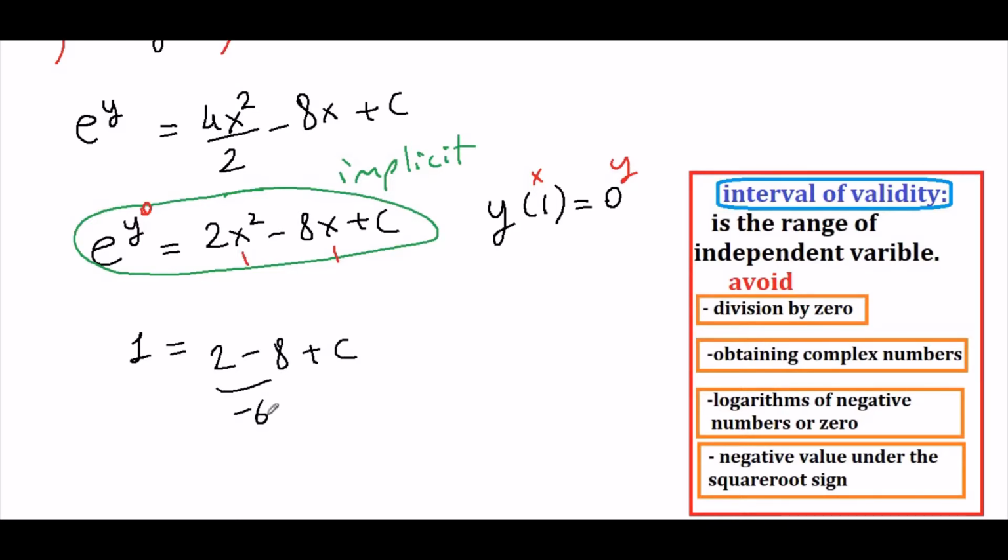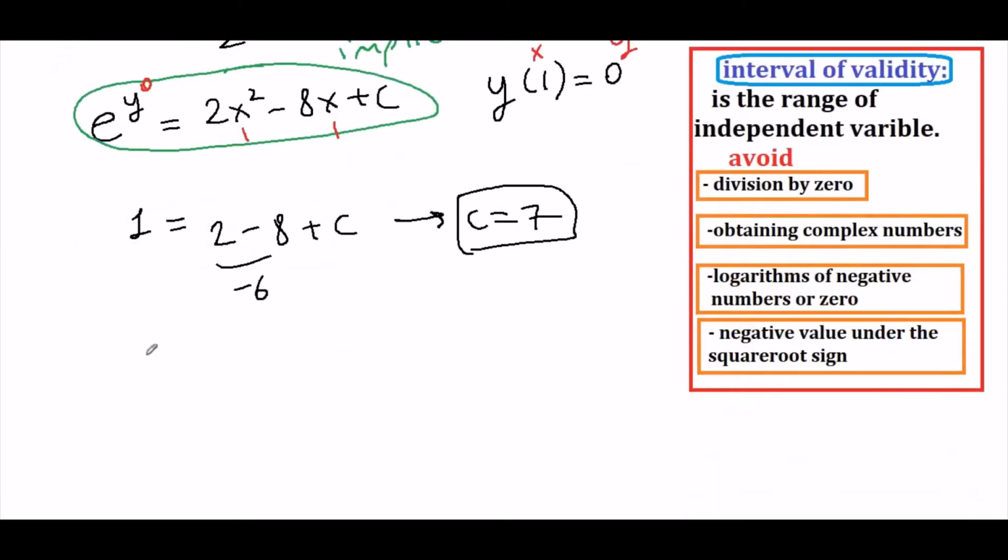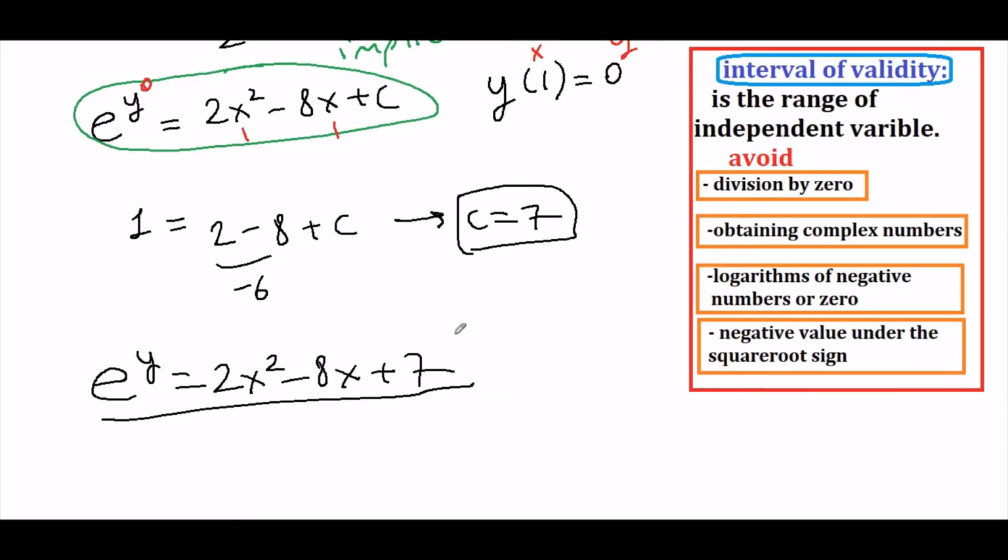This is negative 6. Then the c value will be 7. Now we can rewrite e to the y equals 2x squared minus 8x plus 7. Now we're going to work on this equation and solve for y.